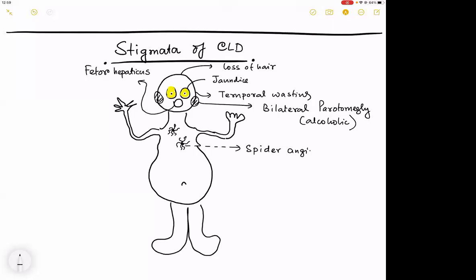Oh, I forgot in the hand. Flapping tremors. Palmar erythema. And in alcoholics, Dupuytren's contracture.